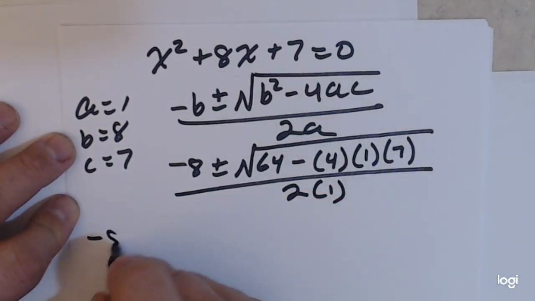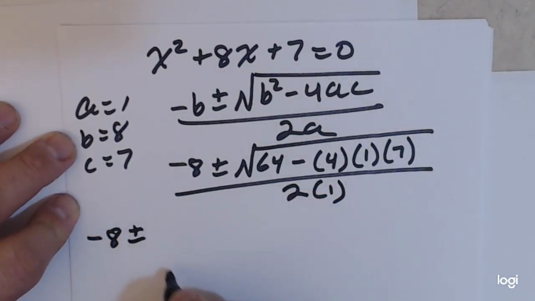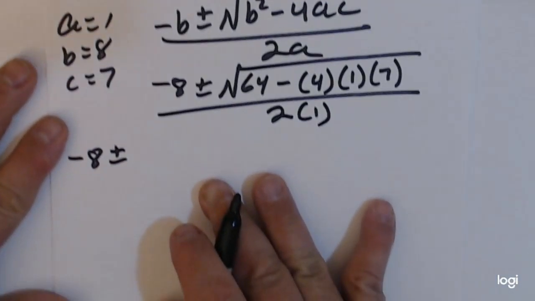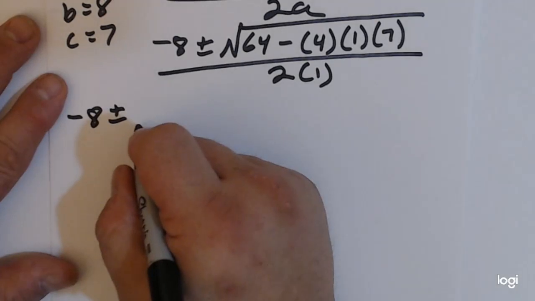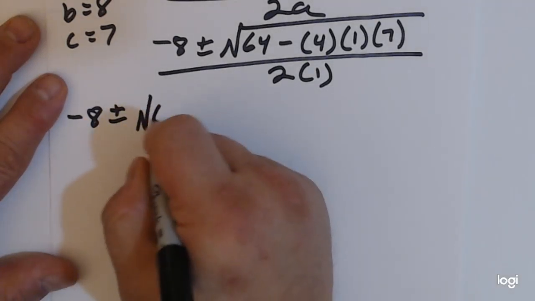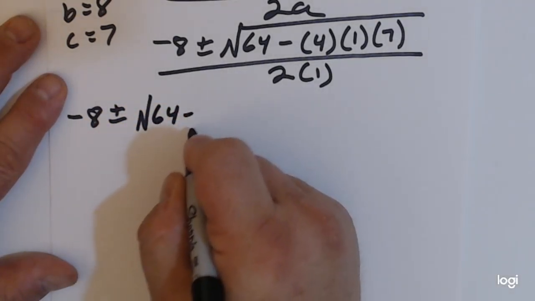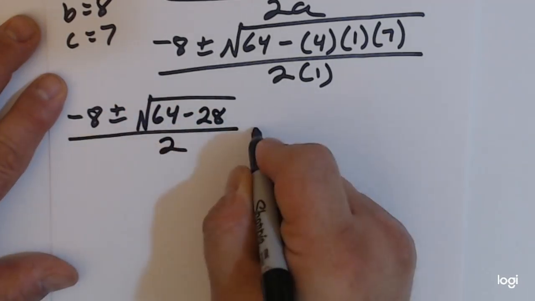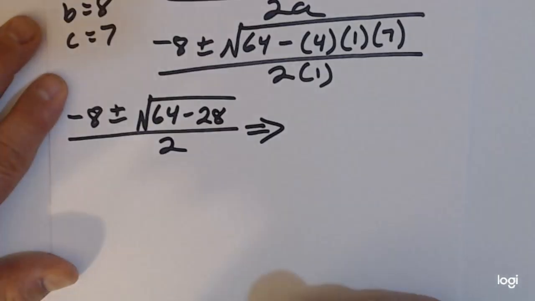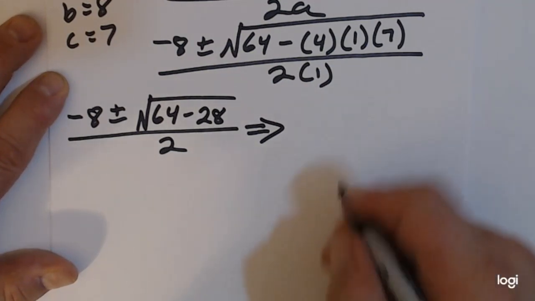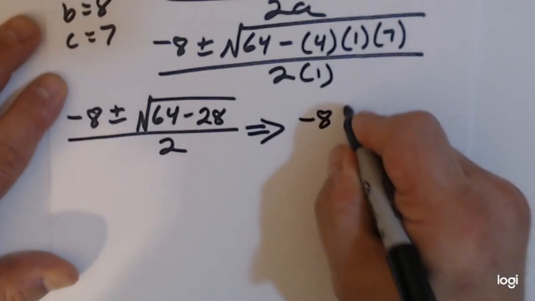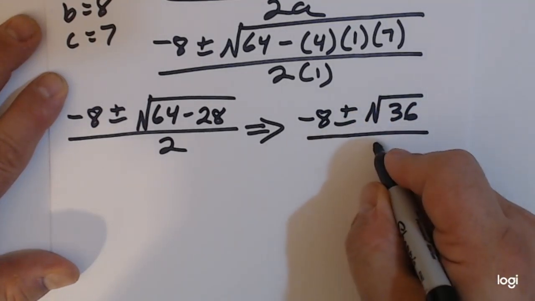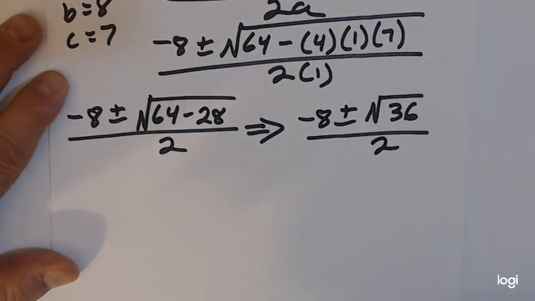So we have negative 8 plus or minus the square root. Let me move this up a little. The square root of 64 minus 28 all over 2. And if we do that, we get negative 8 plus or minus the square root of 36 all over 2. That makes it easy.